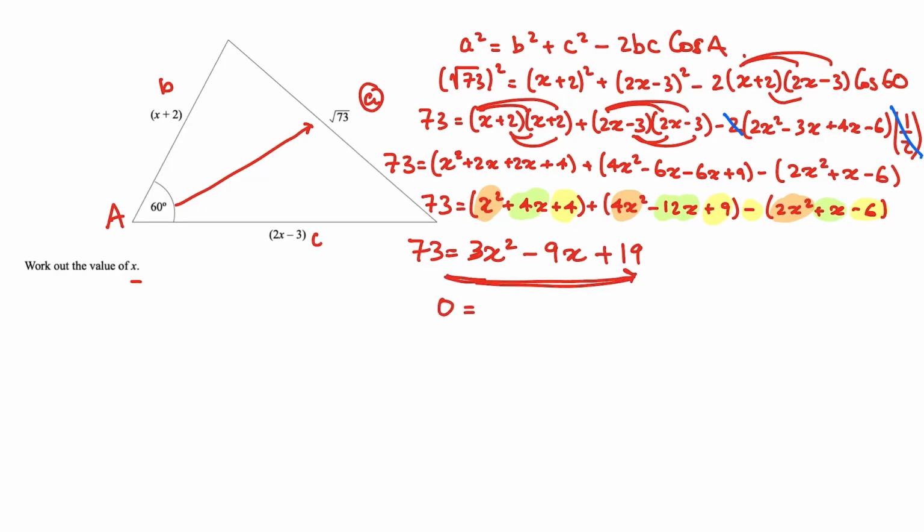So now if we move the 73 from the left hand side to the right hand side, that becomes 0 is equivalent to 3x squared minus 9x, and plus 19 minus 73 gives us minus 54. And now we can rewrite this as 3x squared minus 9x minus 54 is equal to 0.